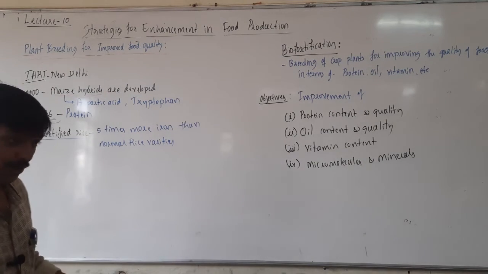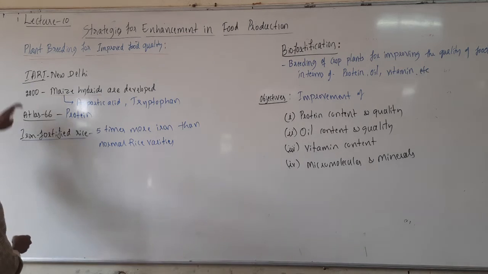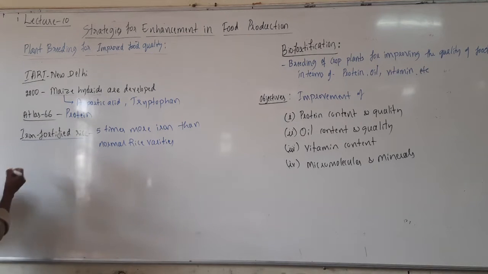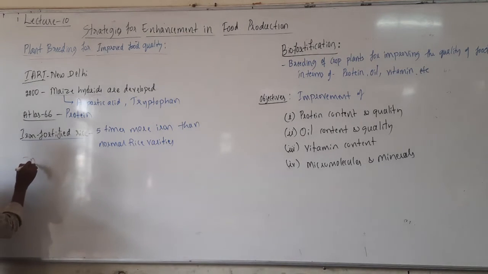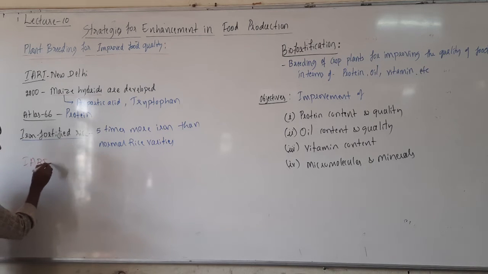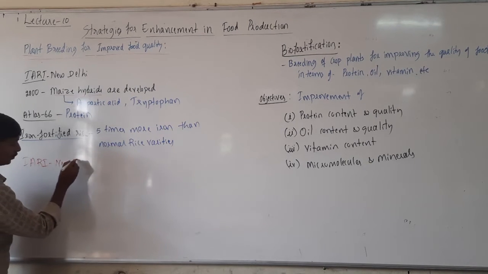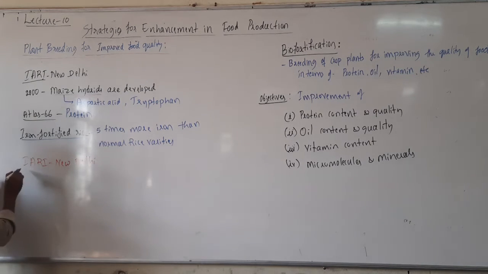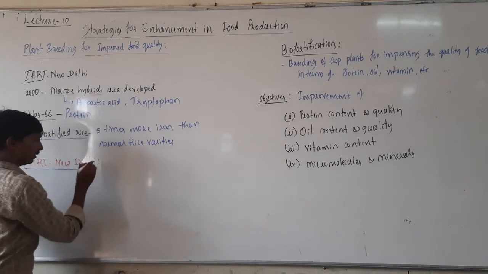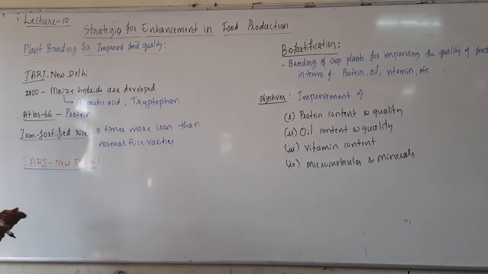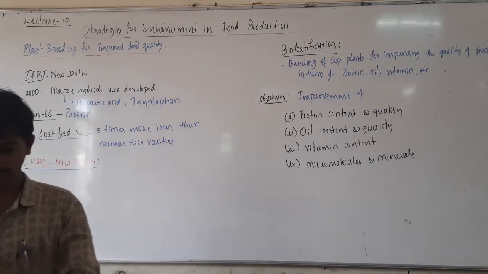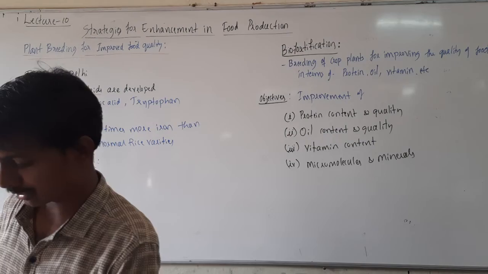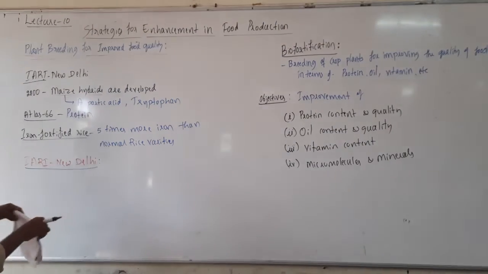Students, you have a small homework. You should come to IARI New Delhi. There are four categories of crops developed for improving some biomolecules. I will write down the molecular content, and you should write the crops.